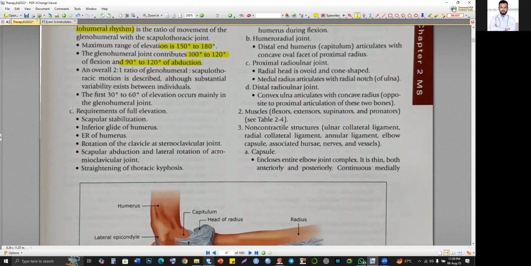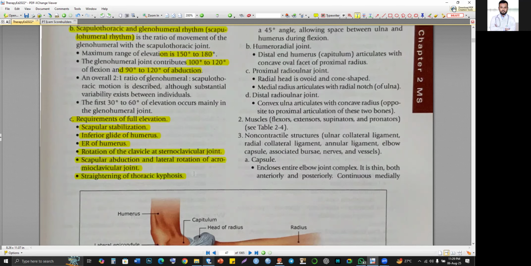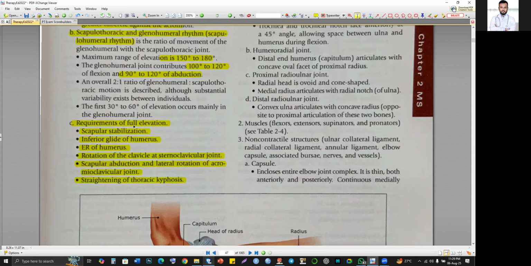Requirements of full elevation: scapular stabilization, inferior glide of humerus, external rotation of humerus, rotation of the clavicle at sternoclavicular joint, scapular abduction and lateral rotation at acromioclavicular joint, strengthening of thoracic kyphosis. So these are the important notes or topics to remember for requirement of full elevation.